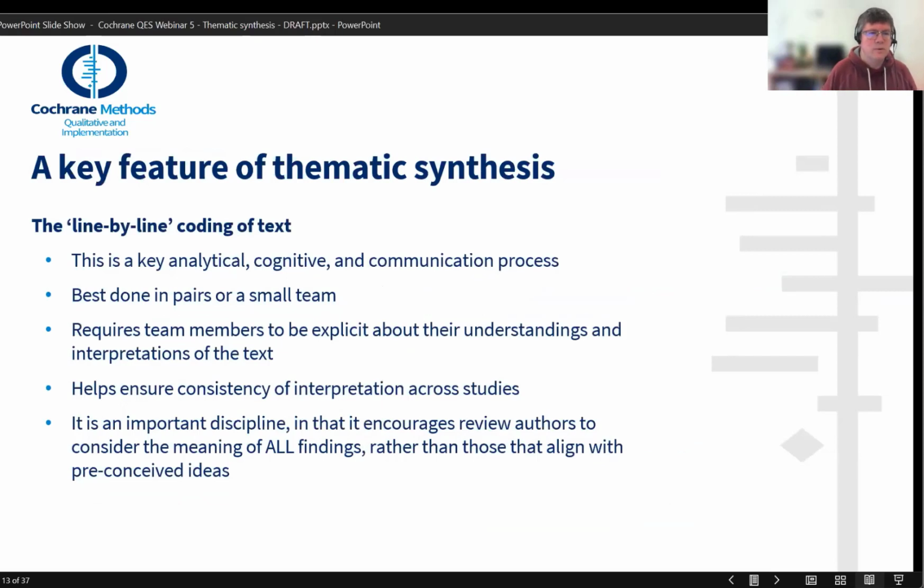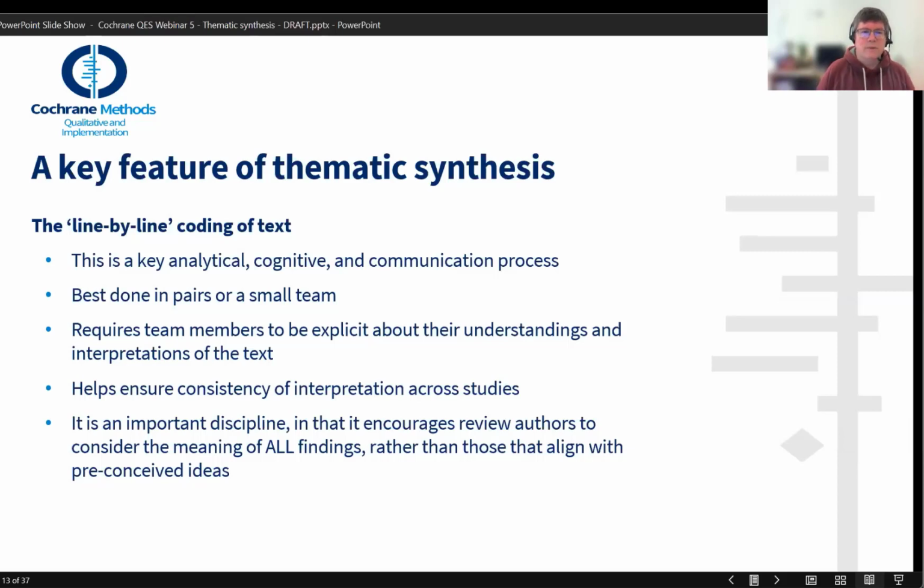So I've talked quite a lot about this key feature, the line-by-line coding of text. It's a key cognitive and communication process. We find it's best done in small pairs or a small team. There were three of us originally sat around the computer doing our line-by-line coding. What it's really good for is that it makes you explicit about what your understandings are across the team. If you're the one with the mouse selecting text, other people can say, well, why are you doing that?